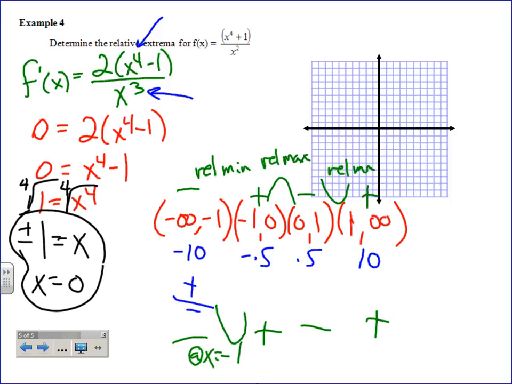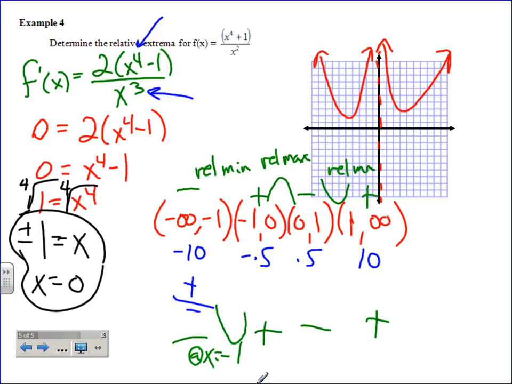So basically, we know we have at least that. I don't know the actual values, so just something like that. I think it's a little bit more symmetric than what I have, but you get the idea.